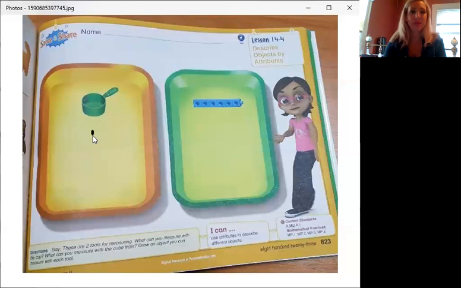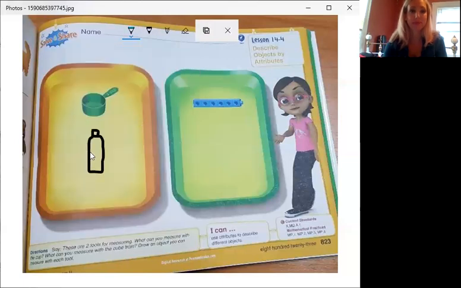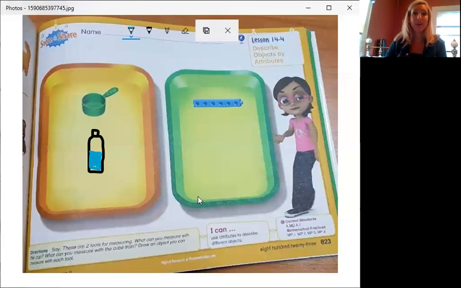Let's try it. And I'll put some water inside. All right, I'll give you another second to finish your drawing.